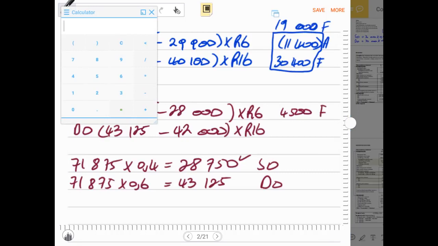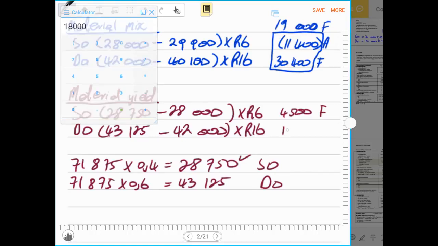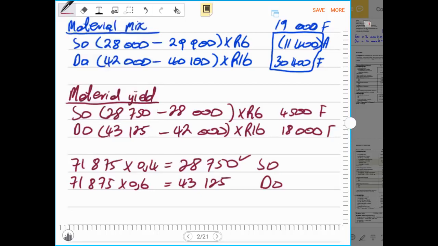Then 43,125 minus 42,000 is 1,125, times 16, which gives us a total of 18,000, also a favorable variance, and the total of the two will give us a net favorable variance.